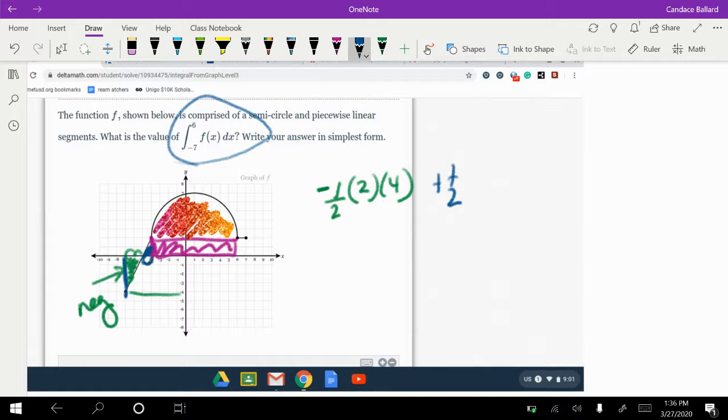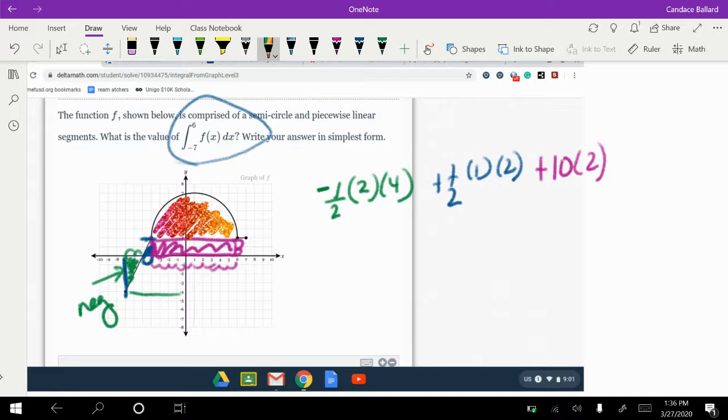The base looks like it's 1, and the height looks like it's 2. And then we have this rectangle right here, and the rectangle looks like it's 1, 2, 3, 4, 5, 6, 7, 8, 9, 10. So plus 10 times a height of 2.